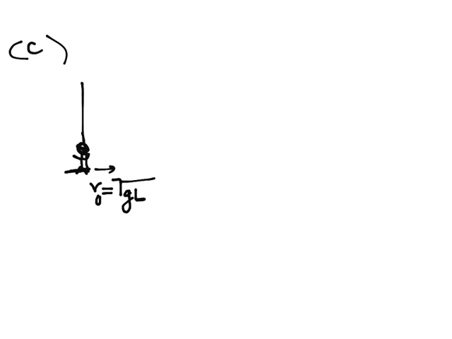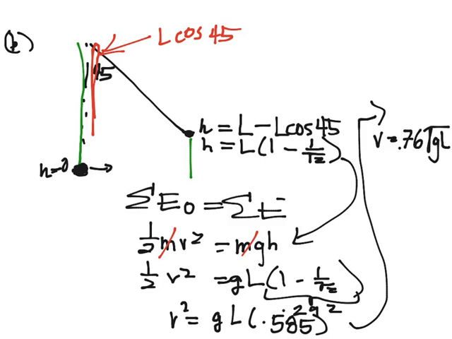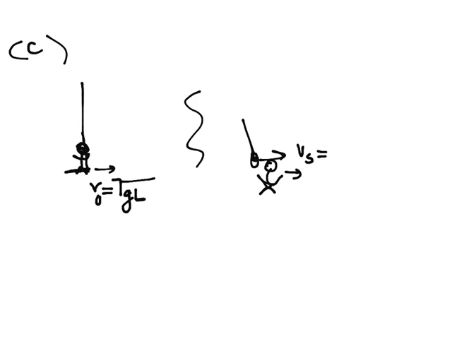Okay, so that's our initial picture. Afterwards, the kid is going off with some speed, we don't know what, and the swing has a speed v swing final equal to 0.76 times the square root of gL.